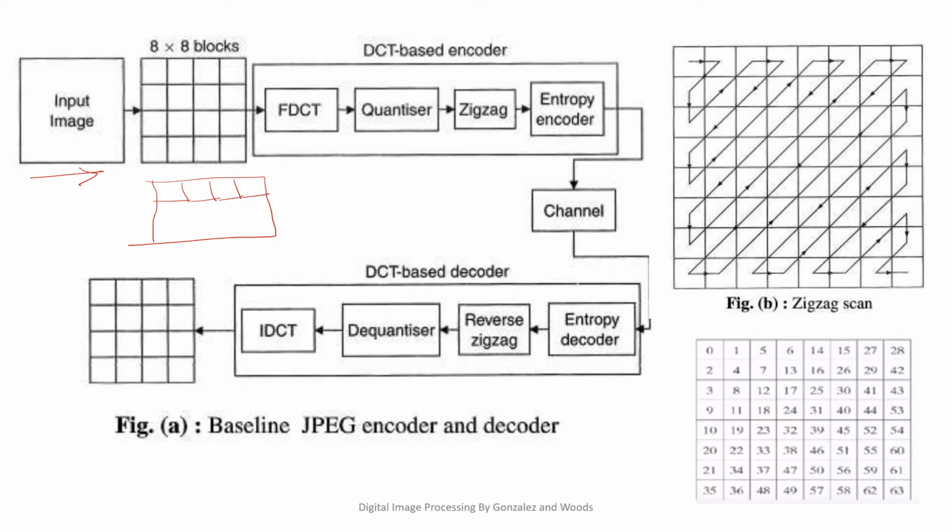Then we apply FDCT. FDCT is the forward discrete cosine transform. So why are we doing this? This will be your f of x, y, and after this you get F of u, v.